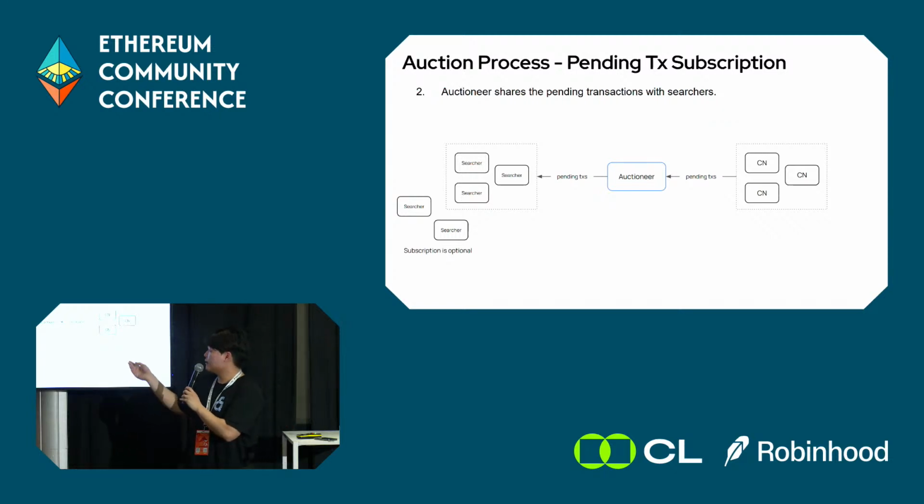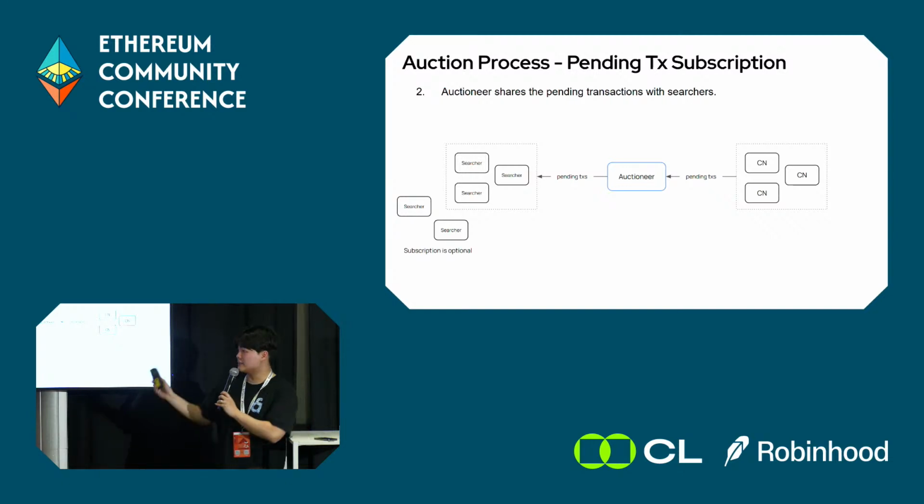So to do that, we will listen to the pending transactions, which are in a queue, and pending means the executable transaction that will be included in the very next block. The validator will send the pending transaction to the auctioneer, and the auctioneer will also broadcast the pending transaction to the searcher.